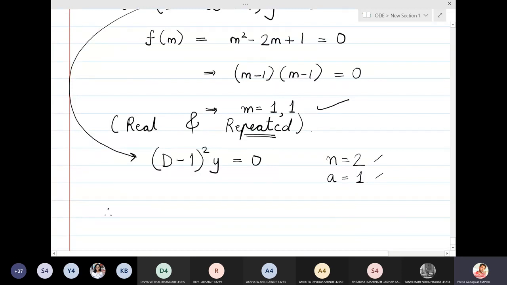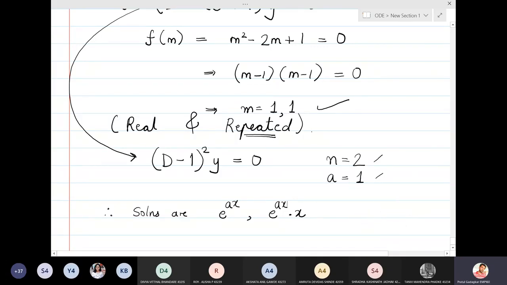The above list will become, therefore, the solutions e raised to ax and x e raised to ax, only 2, because the last one was x raised to n minus 1, and the value of n is 2, so x raised to 2 minus 1, meaning x raised to 1. We have to go till only x raised to 1, so I've stopped up to x raised to 1.